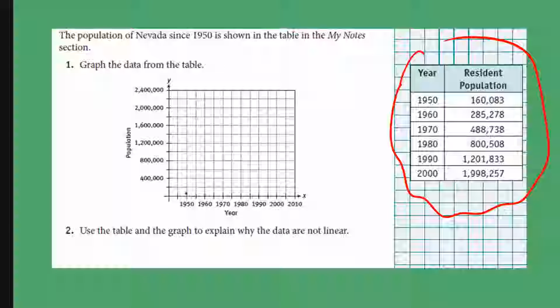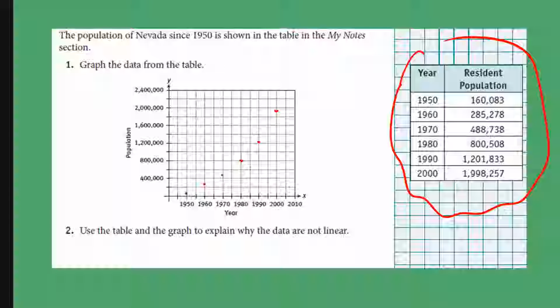Okay, so 1980, 800, 1.2 million. All right, about like that.